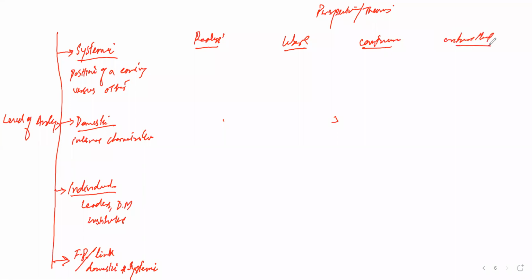Now, we know this thing that at the systemic level, realists, they would definitely see that there is anarchy in the system. There is a struggle for power. States want balance of power for peace at the global level. The liberals, they view that if states would work in international organizations, if they would negotiate with each other, issues can be resolved.